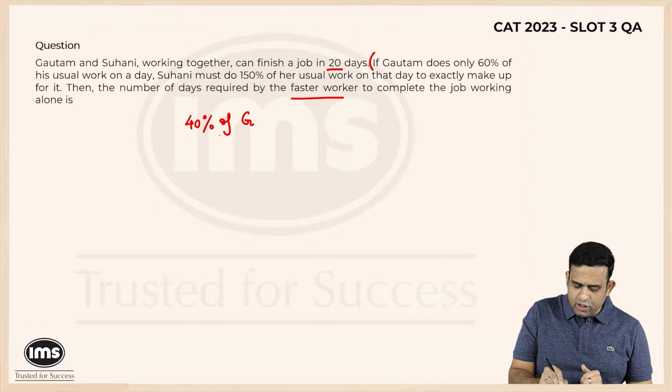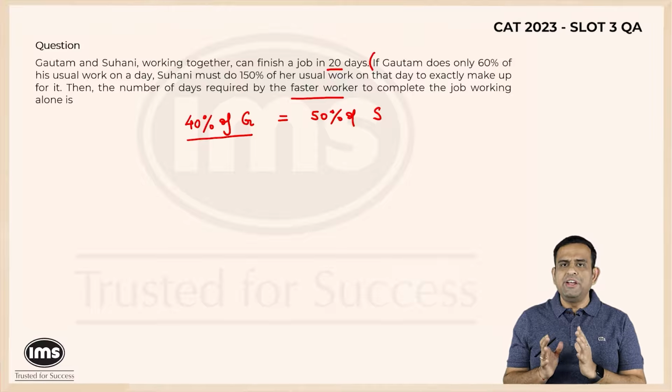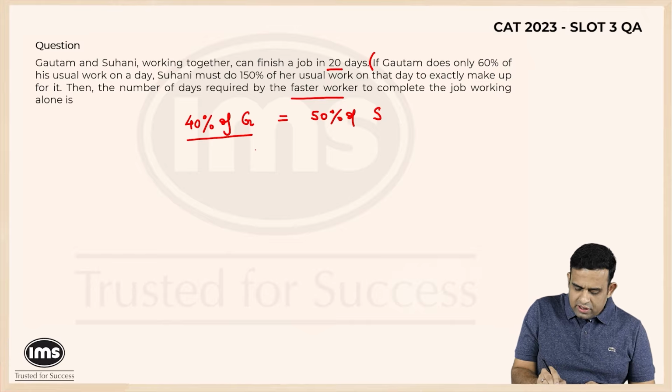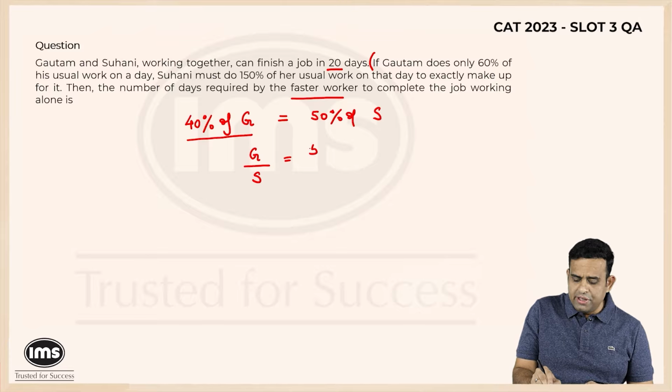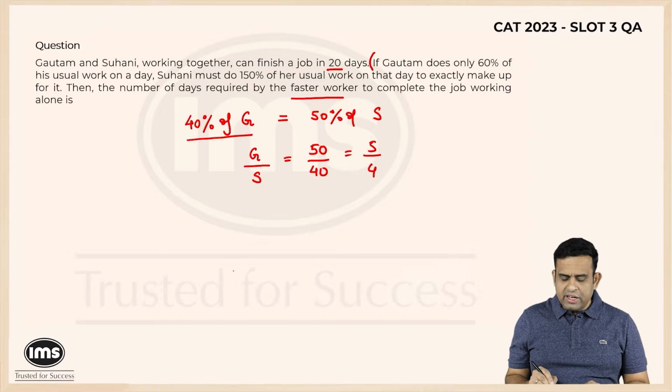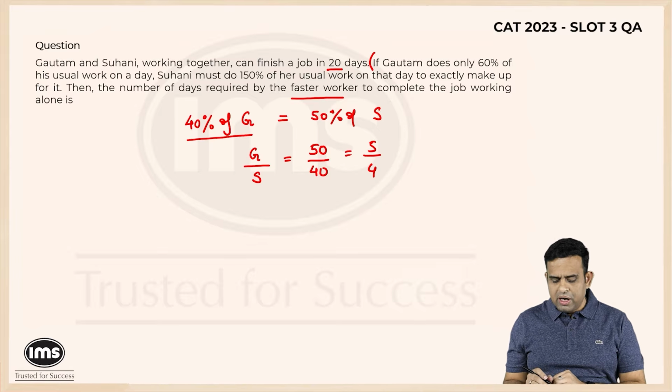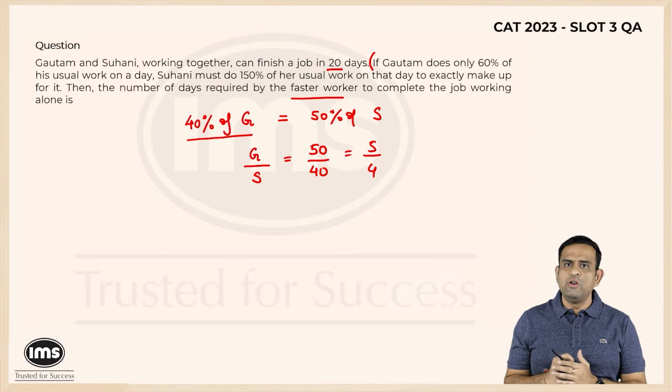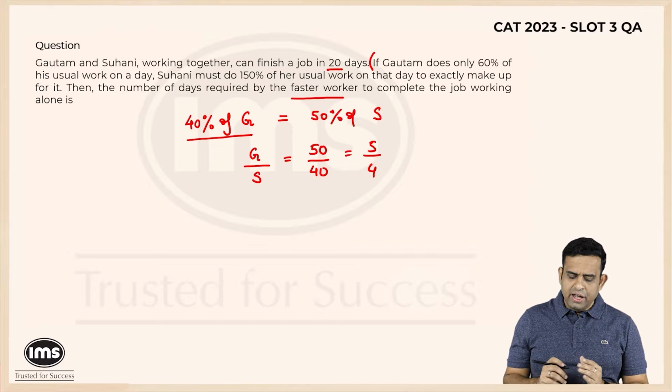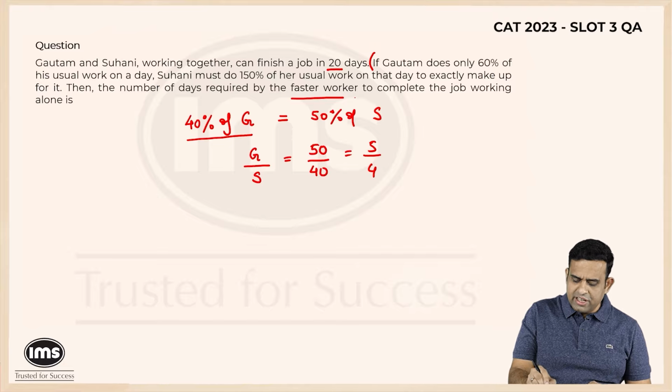So the 40% efficiency loss of Gautam is compensated by 50% of Suhani. So from this I can easily find out the ratio of the efficiency of Gautam and Suhani, and that basically comes out to be nothing but 50 upon 40, which is 5:4. That simply means if Gautam does 5 parts or 5 units in a day, Suhani will do 4 over here. And if you look at over here, the faster person happens to be nothing but Gautam.